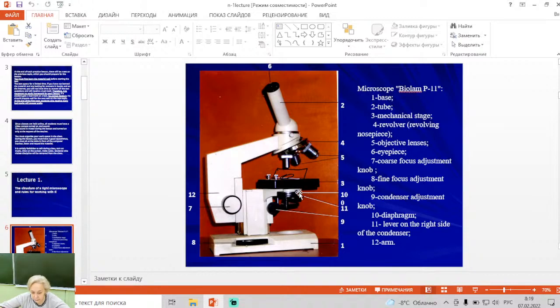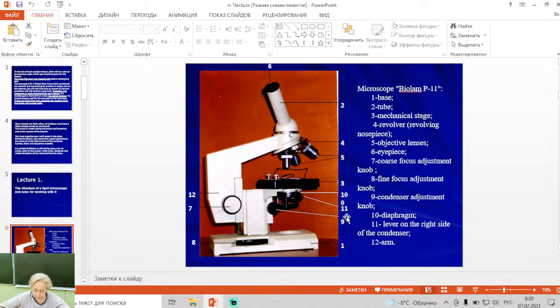The condenser and diaphragm. The condenser includes the diaphragm. The diaphragm is shown in this picture under number 11.